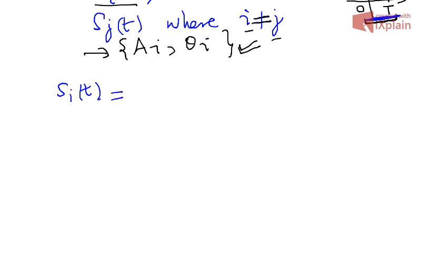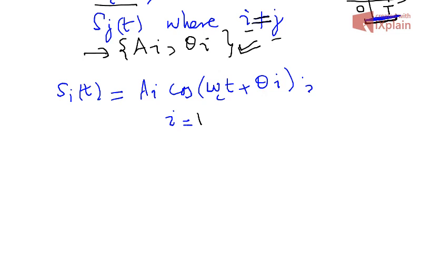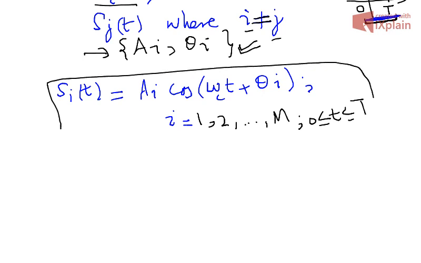Let me rewrite it, which is Ai cos of omega c t plus theta i, and for a complete description you should mention that i is from 1 up to capital M and time is between 0 to capital T. So this is the QAM symbol.